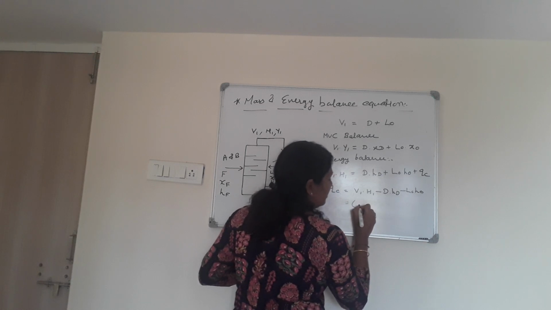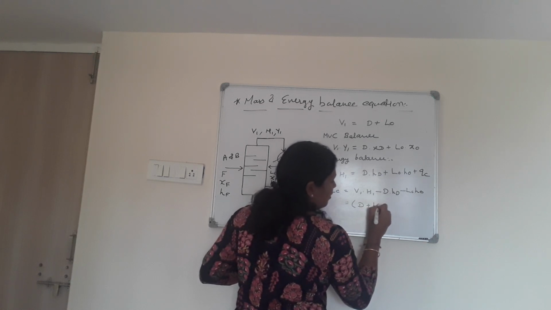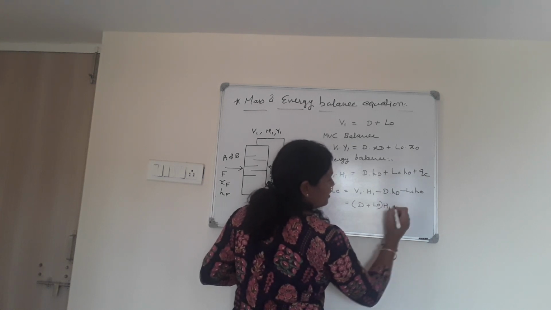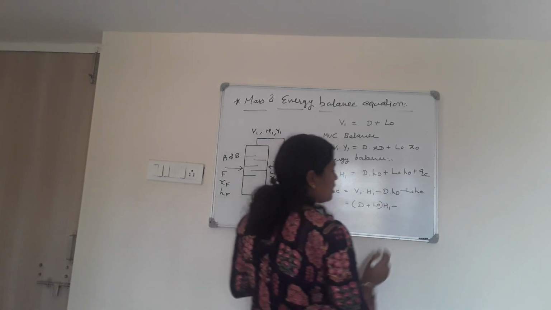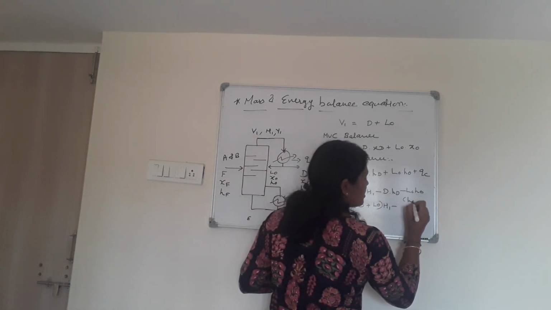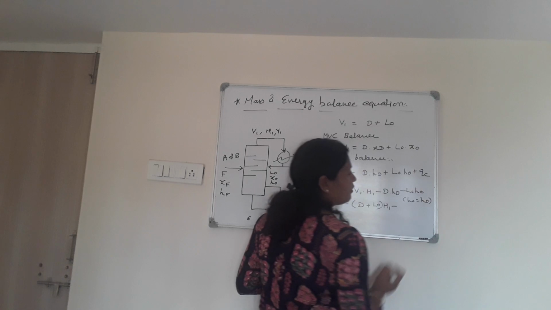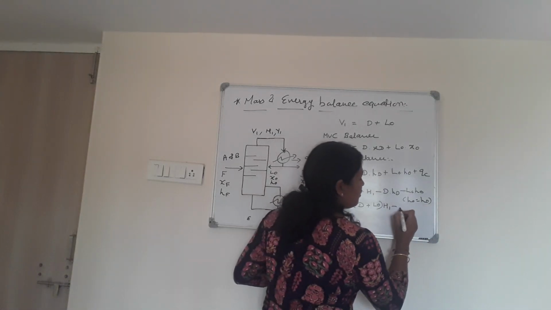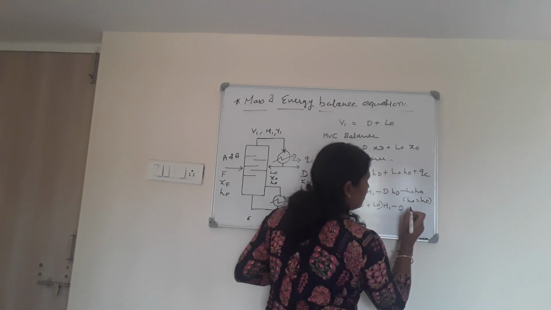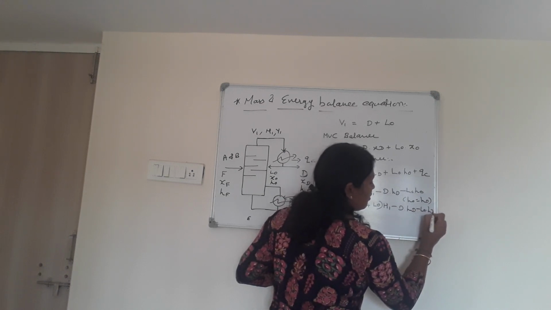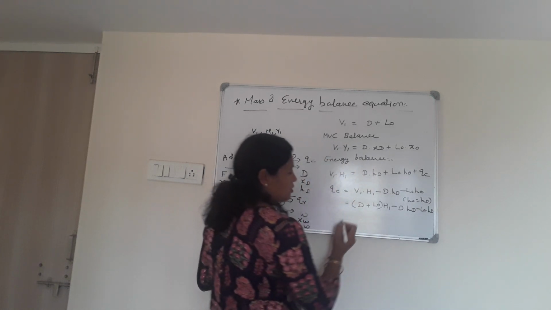So here I will write D plus L0 instead of V1. H1 is already there, minus. The second thing we have to assume here is H0 is equal to HD, because both are from the same stream. So H0 is equal to HD. So the equation will be like this, okay?